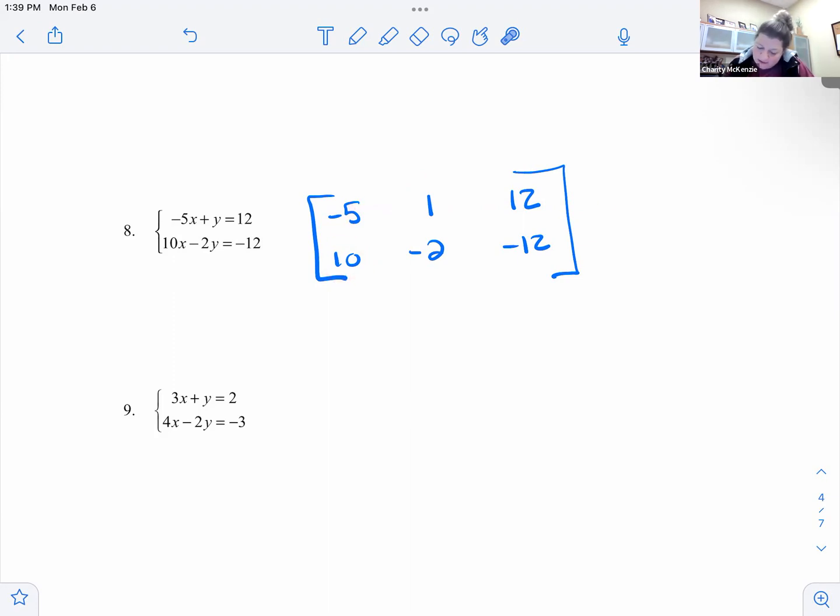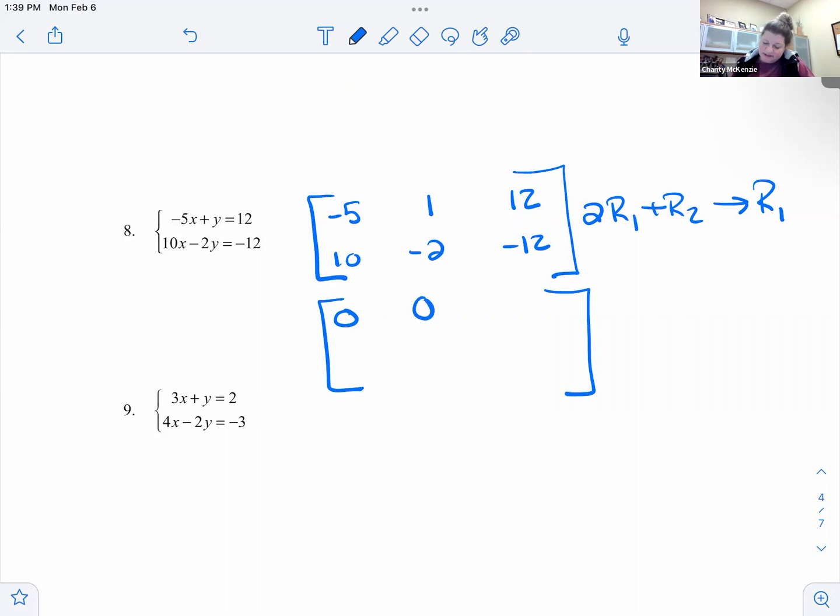But anyway, so row, oops, 2 times row 1 plus row 2. Replace it on, I don't know, we'll just do row 1. Okay, so 2 times -5 plus 10, and we're replacing it back, so that's a 0. 2 times 2 plus the -2 is 0.